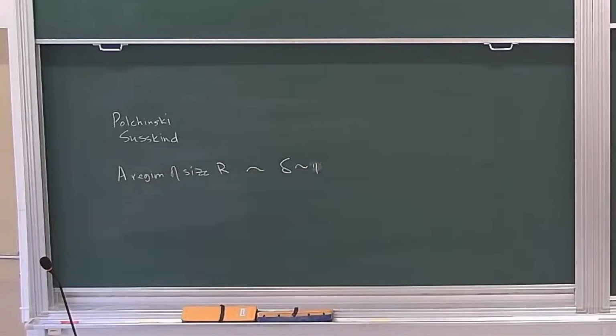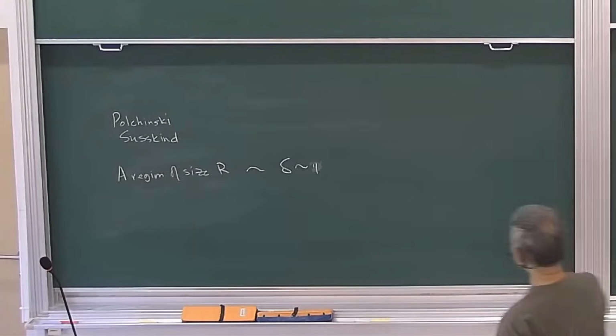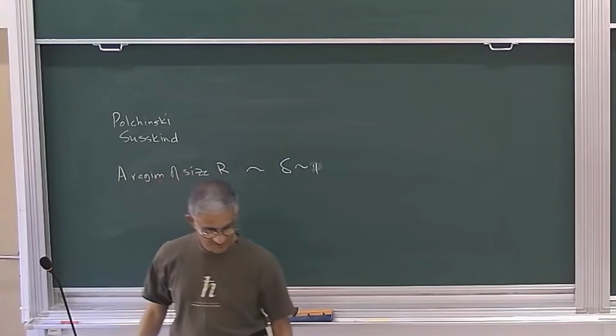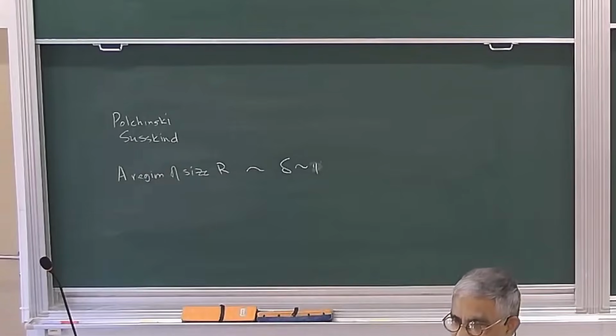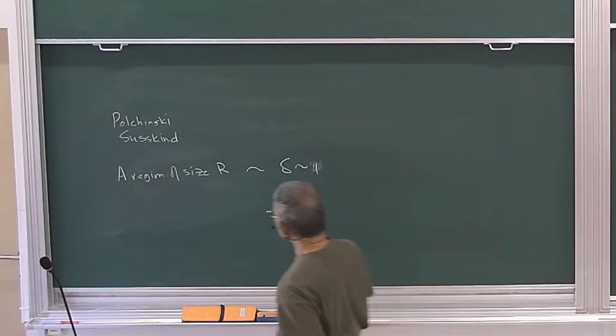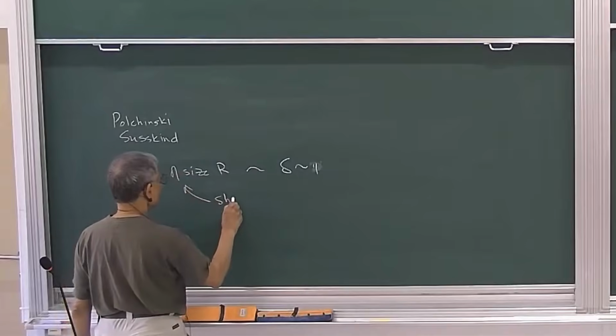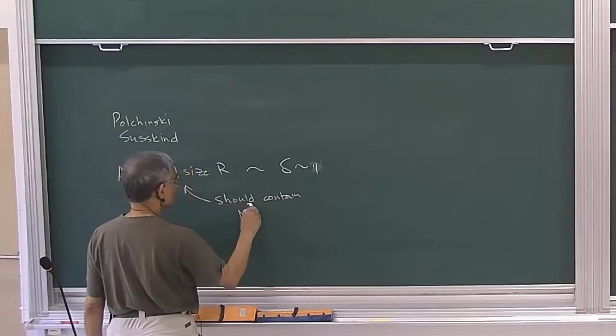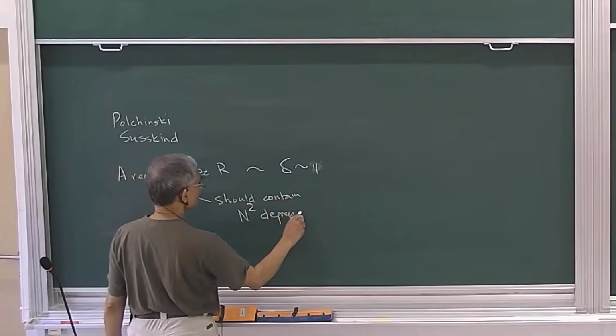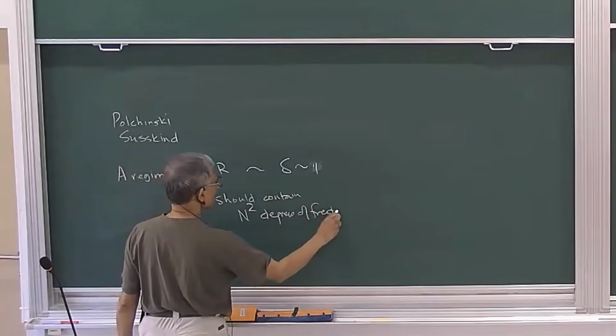You can just calculate what kind of volume would have the invariant size of R_AdS cubed, and that's what it is. So if we apply this formula to that, which one probably shouldn't, but as a matter of order of magnitude that's not too bad, then you realize that this should contain N squared degrees of freedom, because delta is 1.